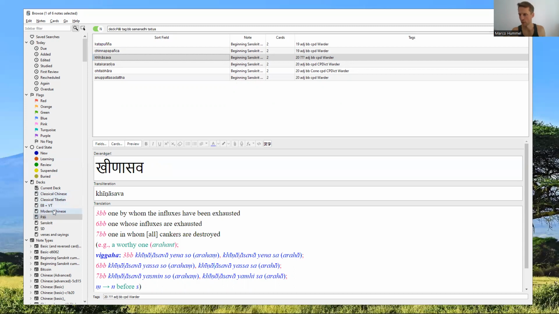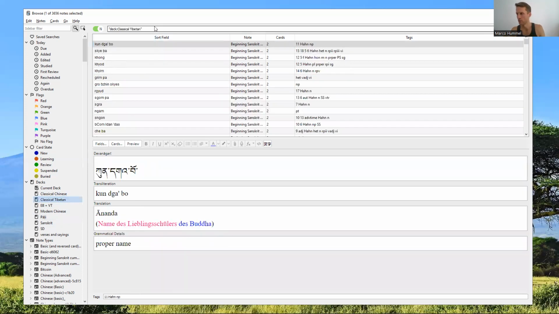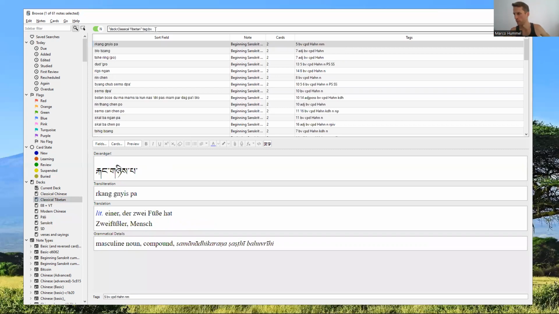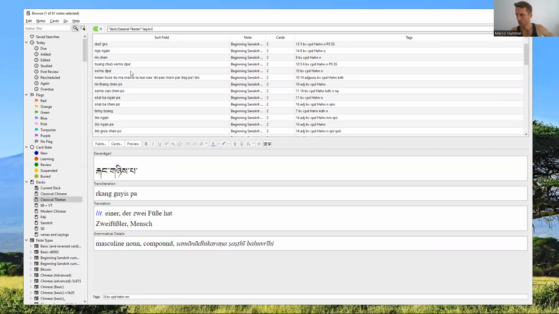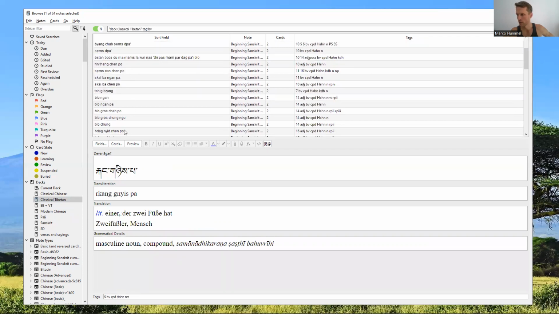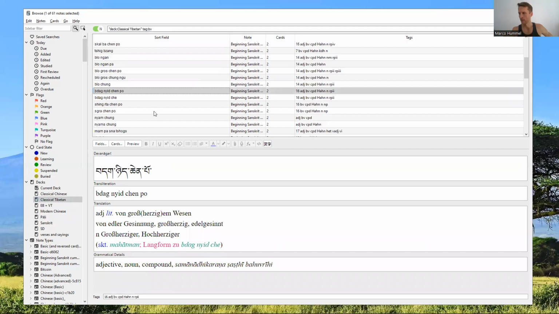We can also go to another language, for example, Tibetan. When Buddhist literature was translated from Sanskrit or Pali into Tibetan, they oftentimes tried to preserve a similar grammatical structure. So much so that you can even look for these same compounds here, like Bahuvrihi compounds in Tibetan. Like you can check this out. Just here, this one, a very famous one, bdag nyid chen po.